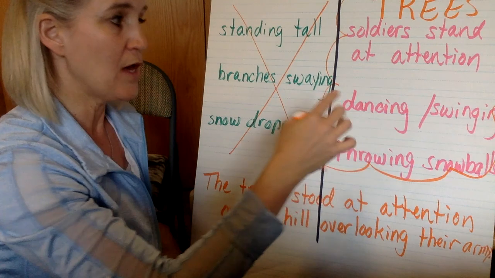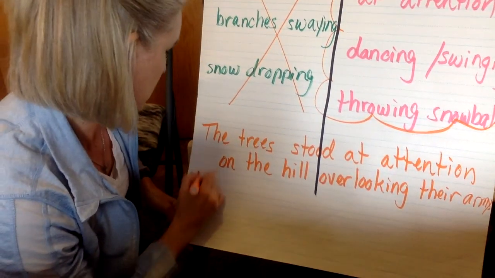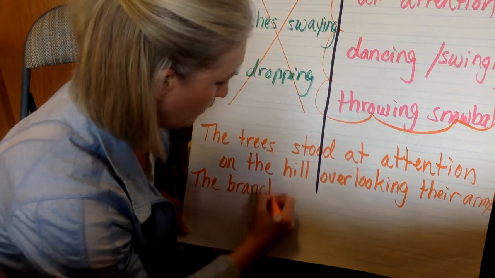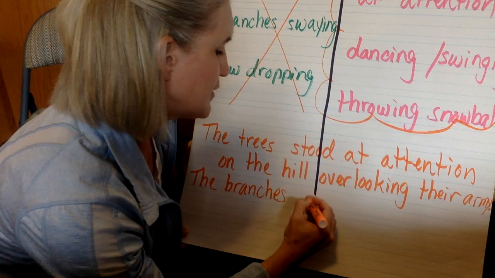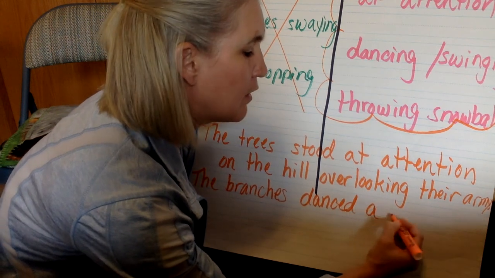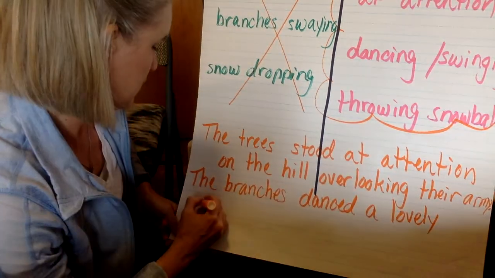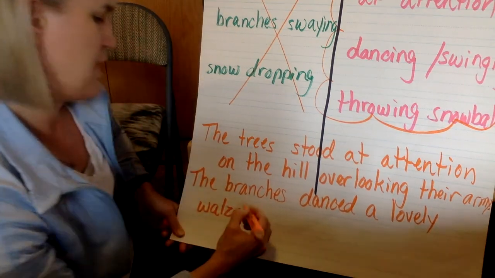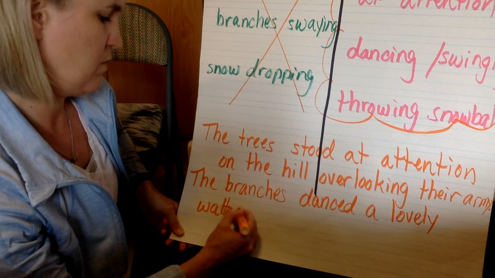So now I want to say that the branches danced a lovely waltz. That's a type of dance. And I think you spell it like waltz.